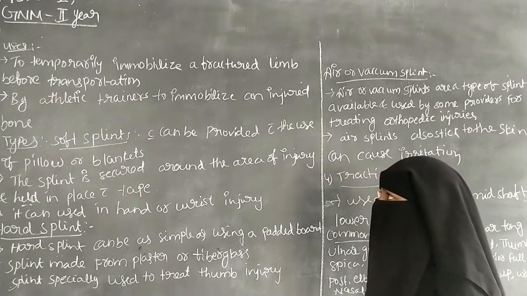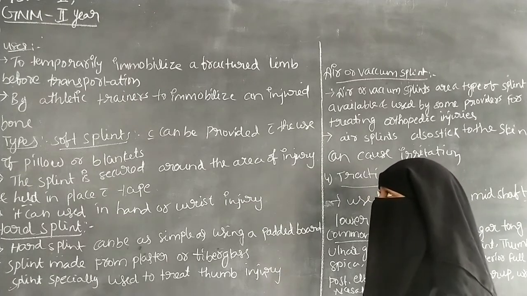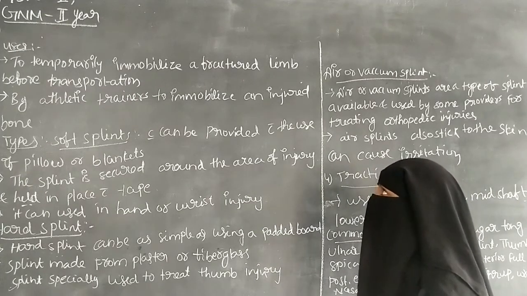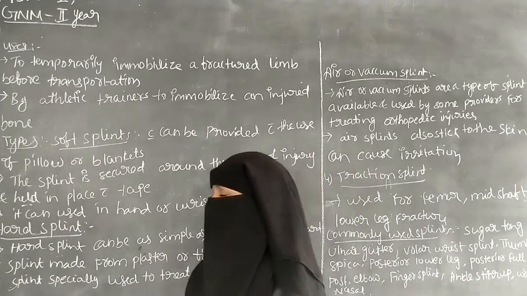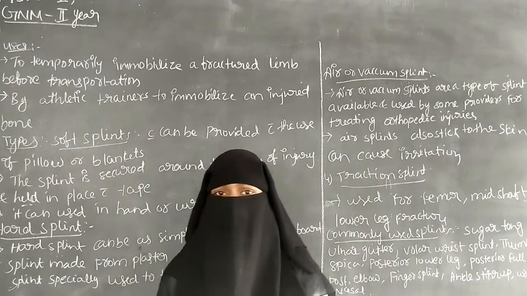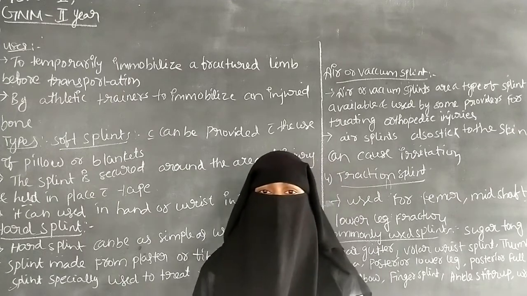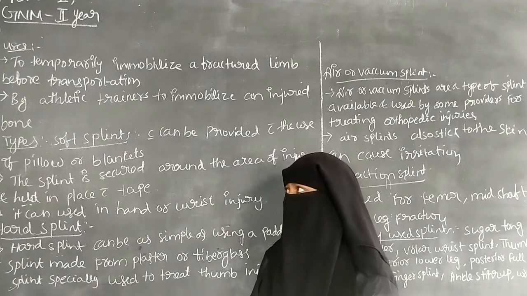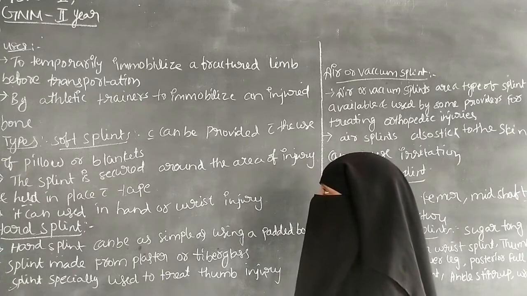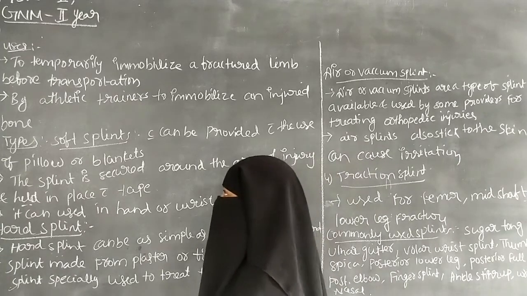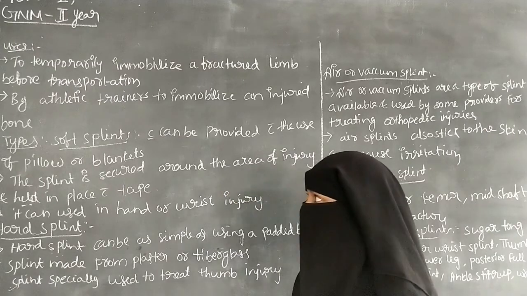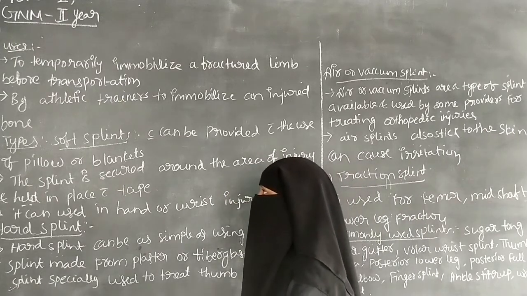So the uses of the splint include temporarily immobilizing a fractured bone before transportation. Before transfer to the hospital, till that time the splint can be used temporarily by the patient, and athletes mostly use it to immobilize the affected joint or limb.